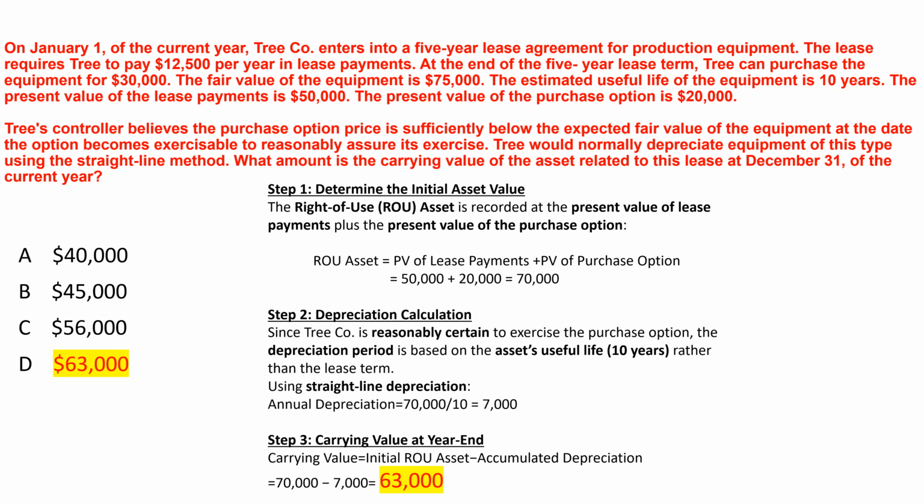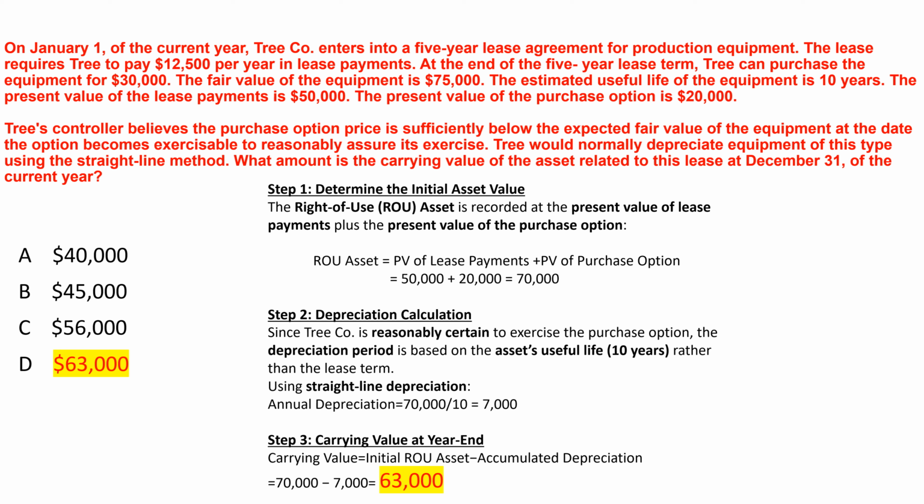Tree Company classifies the lease as a finance lease because it has a purchase option that it is reasonably certain to exercise. First, the initial asset value is determined by adding the present value of lease payments, $50,000, to the present value of the purchase option, $20,000, resulting in a total of $70,000.